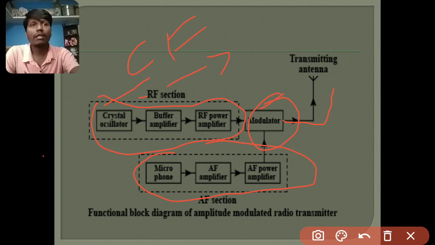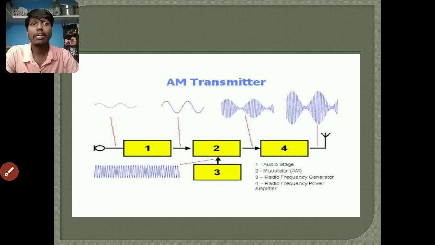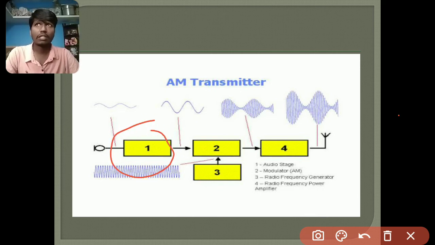How do we define it in the case of the waveform? What is the waveform of the AM transmitter? See the AM transmitter. The first block defines the carrier wave.